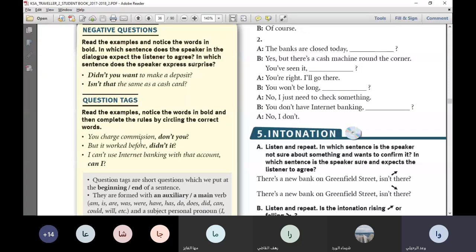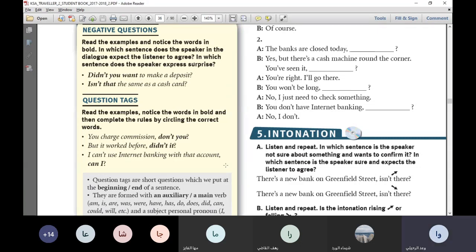"You charge commission" is in the present, okay? And it's affirmative. Then I should make the question tag negative, and I should stick with the tense. The sentence is in the present, so I should have the question tag in the present also.